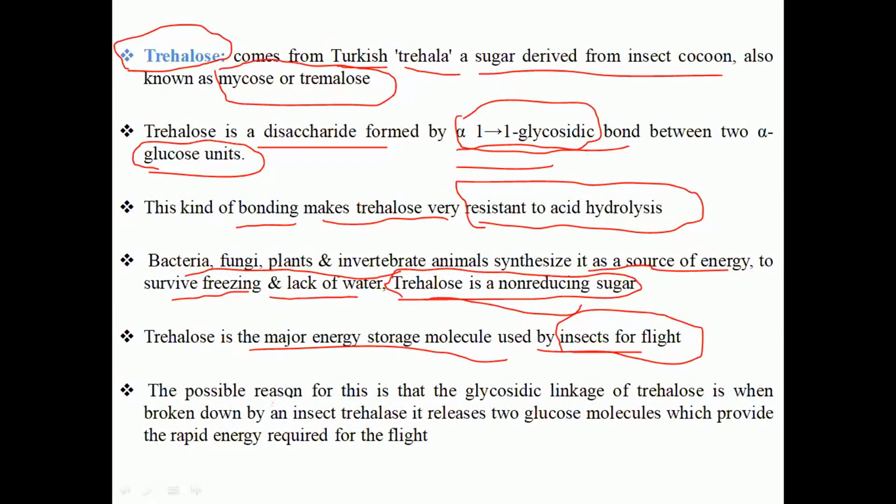The possible reason for this is that when the glycosidic linkage of trehalose is broken down by the insect trehalase enzyme, it releases two glucose molecules, which can provide the rapid energy required by the insect for flight. So it is very important for insects which use it during flight.